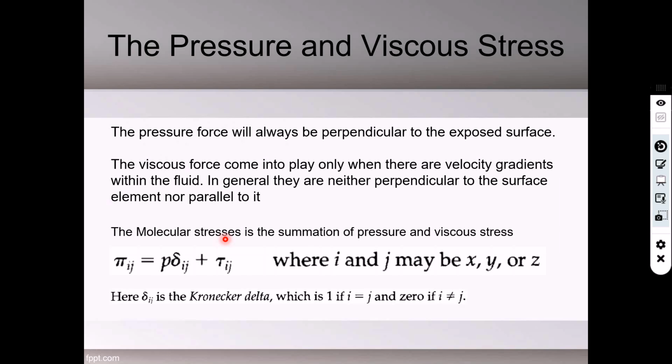So when you have some fluid here, okay? You encounter two forces. One is from the pressure, so it has a pressure acting on this fluid, right? And the second is shear stress. If we have the air flowing this way, so it has some shear stress in this direction, okay?